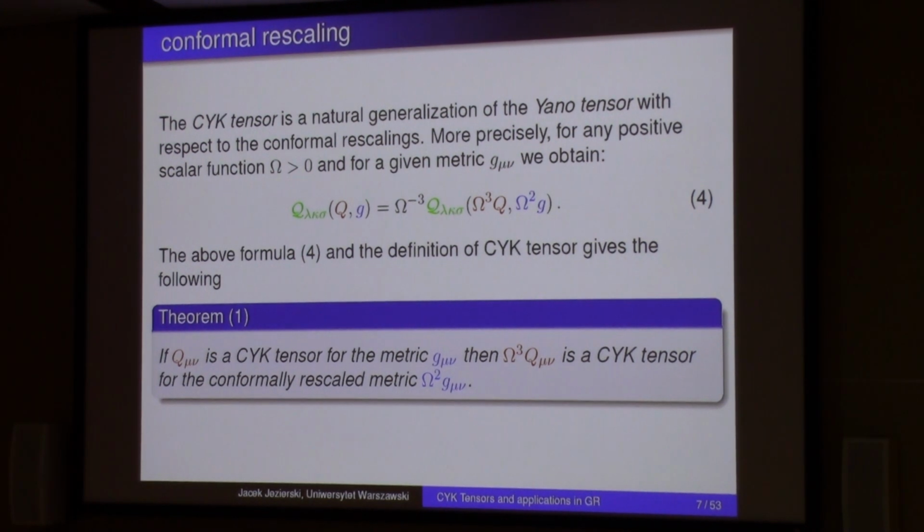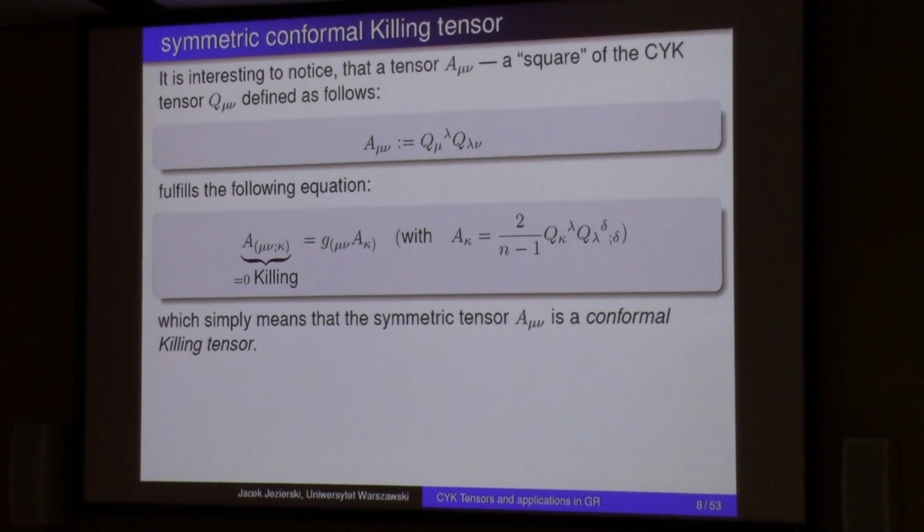The transformation law between the metrics gives the transformation law for conformal Yanos, and here is its explicit form for symmetric conformal Killing tensors. And again, we have the nomenclature Killing or conformal Killing.